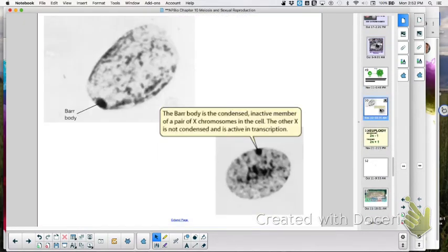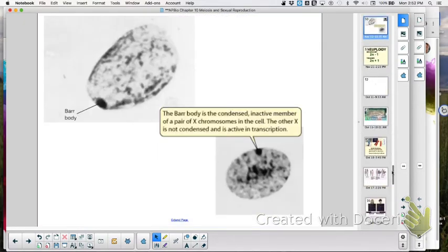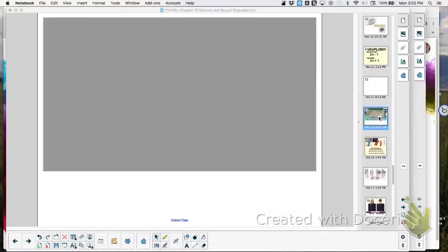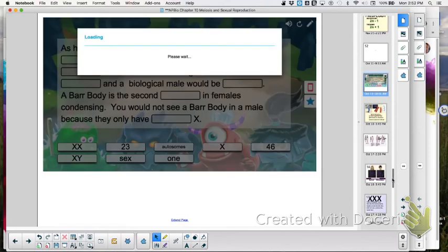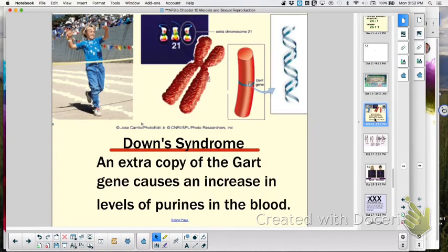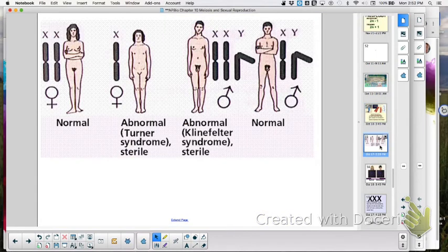We looked at pictures of that. We did some sentences. I think we can skip that for right now. If we have time at the end, you can do it. We talked about Down syndrome being a form of non-disjunction, and the most common autosomal trisomy.